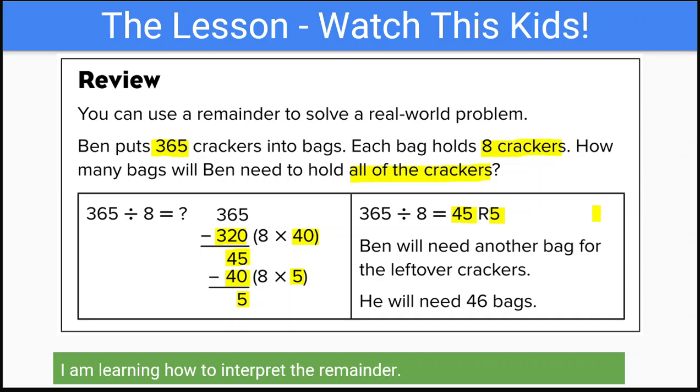So Ben needs one more bag in order to get all of the crackers bagged up. He will need 46 total. He has 45 full ones that each have 8 in it, and then he has one more bag at the end that's only going to have 5 in it. So altogether he needs 45 plus one more for the remaining 5. That makes 46. So kids, you're learning how to interpret the remainder.